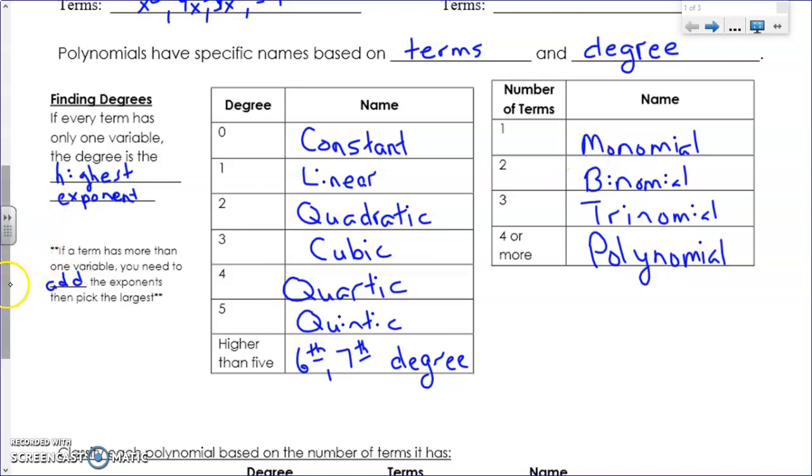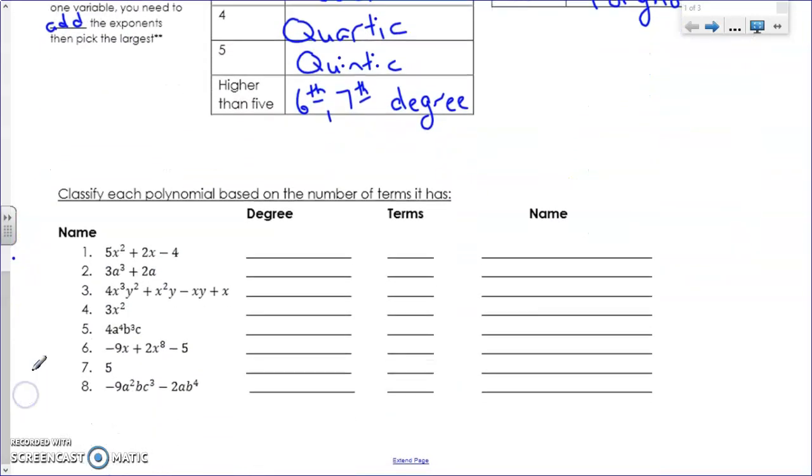Okay, so let's look at this down here. We're going to look at the first and the third, and then I'm going to let you try some. So on this first one, we're going to use numbers on these first 2 columns and then the name. So what is the degree of this first one? What is the highest exponent? It's 2, right? And then how many terms? 3.